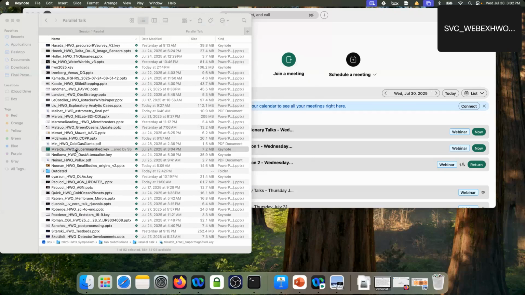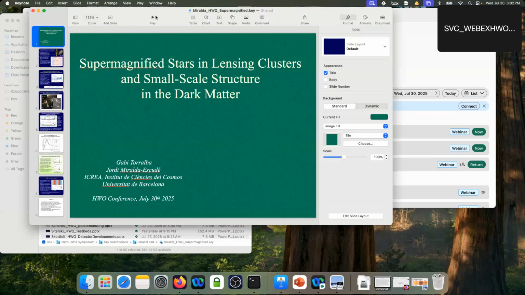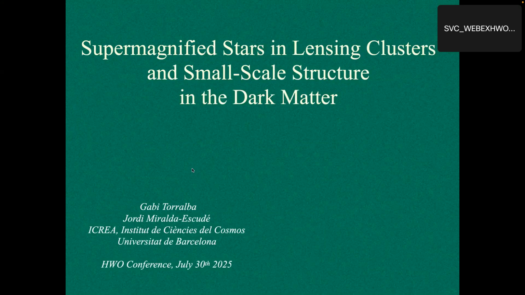I'm going to tell you one way in which HWO could be quite interesting for this, through what are called super magnified stars in lensing clusters. In particular, this can help us figure out whether there is small-scale structure in the dark matter on scales that are quite small, let's say a parsec or less, for which at present we have no observations and no clues on whether dark matter is smooth or shows any clumpiness.